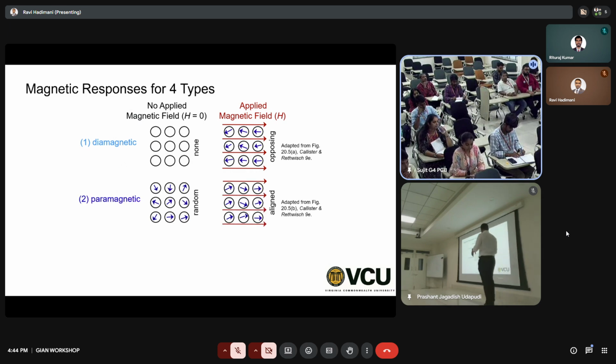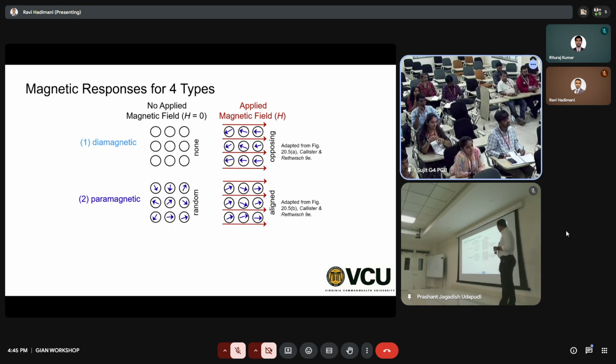In case of a paramagnet, they have some spontaneous randomly oriented spins, but when you apply a magnetic field, they orient in the direction of the magnetic field, but not completely. They orient such that most of them cancel, but there is a little net effect.